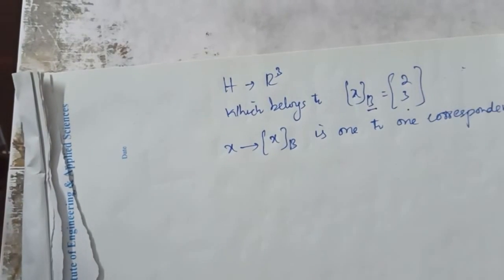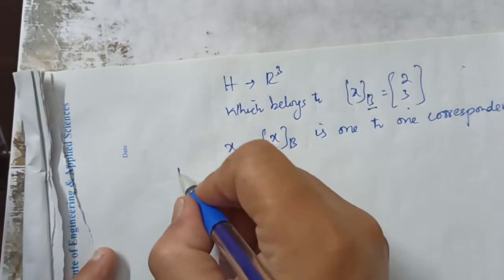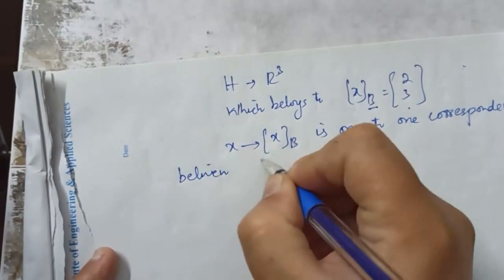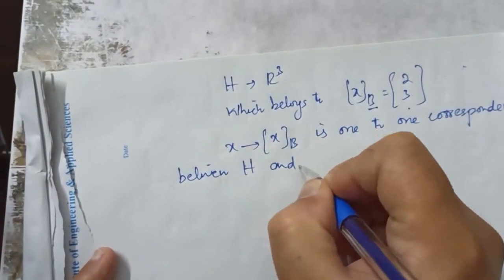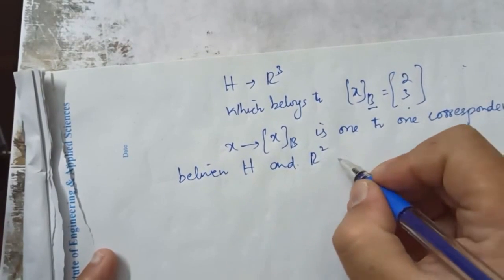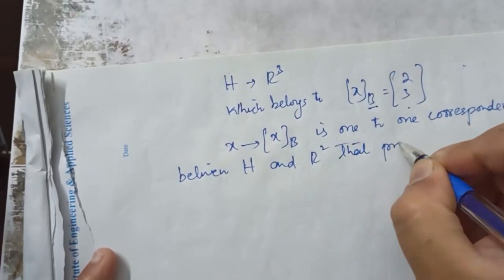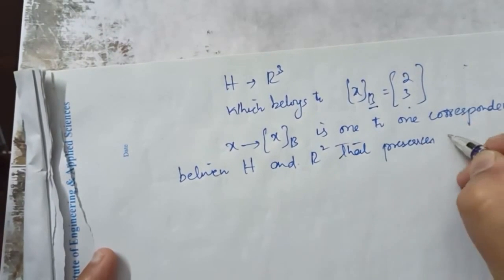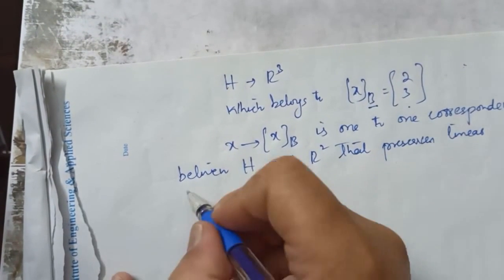So x to x of B is a 1-to-1 correspondence between H and R square that preserves linear combinations.